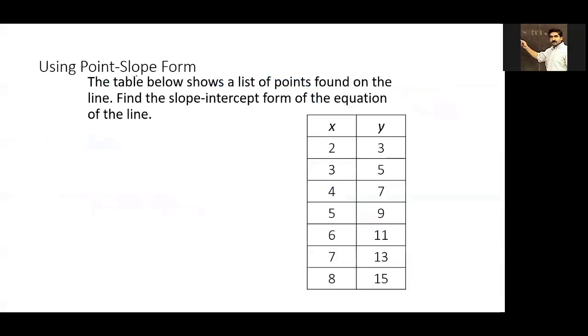Using point slope form, the table below shows a list of points found on the line. Find the slope intercept form of the equation of the line. So we can pick either of these sets of points to find the slope.